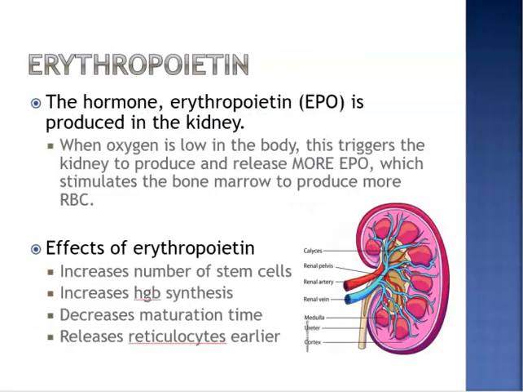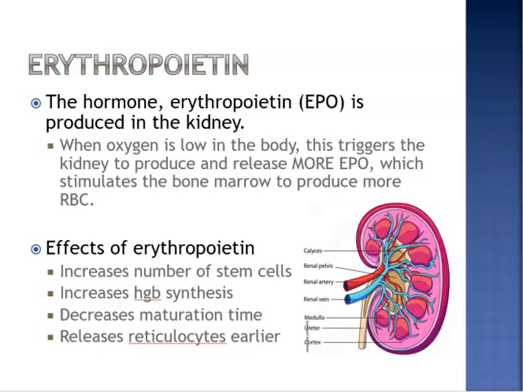Okay, so we just learned that if there's a state of hypoxia in the body, or low oxygen, the body wants more red blood cells. Well, there's a hormone called erythropoietin, or EPO for short, that is produced in the kidneys.